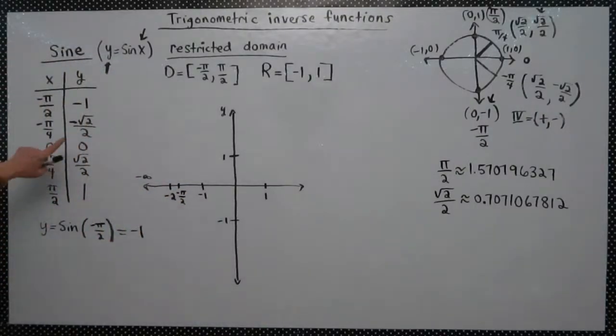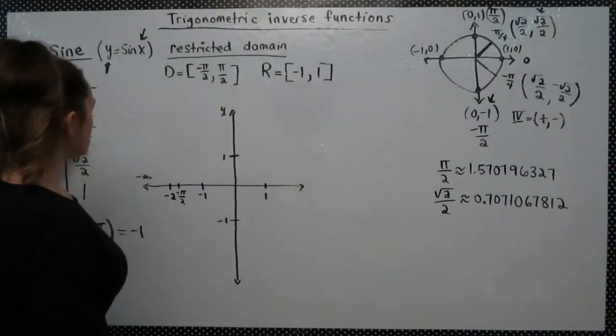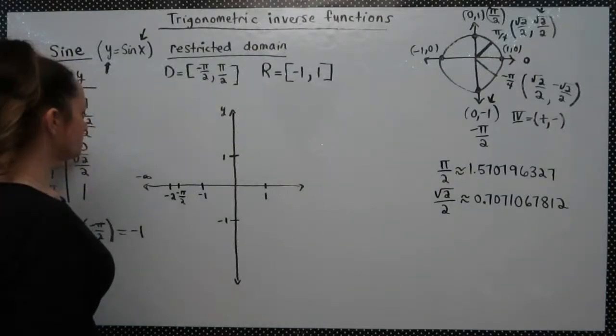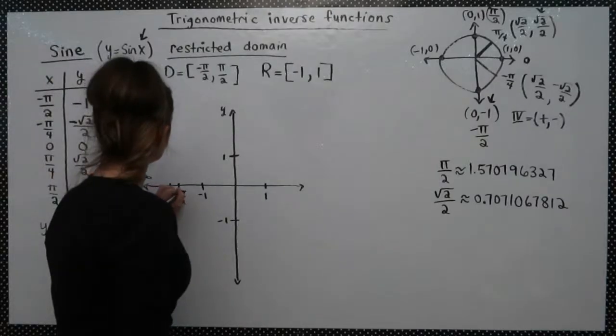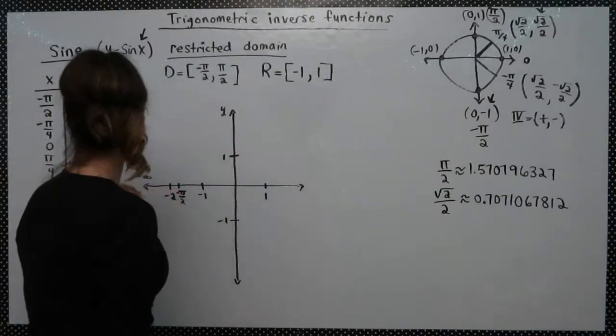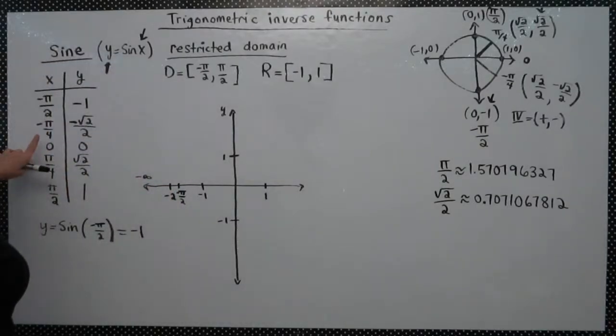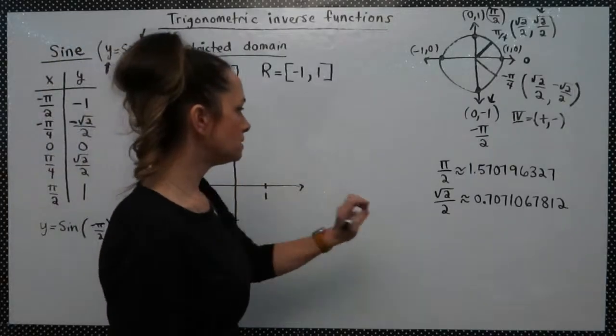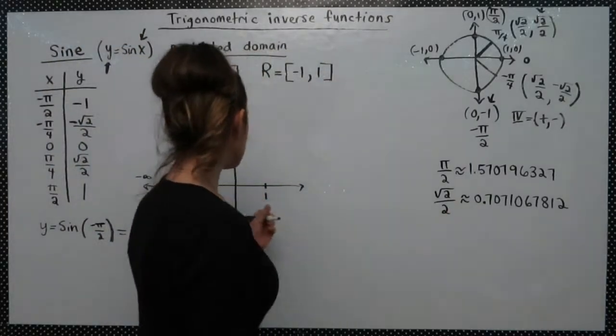Okay. And so then I also have this point approximated as well. And so I want to put that also in my graph. So I'm going to do that. And negative pi over 4 is between 0 and 1 because it's negative 0.7.